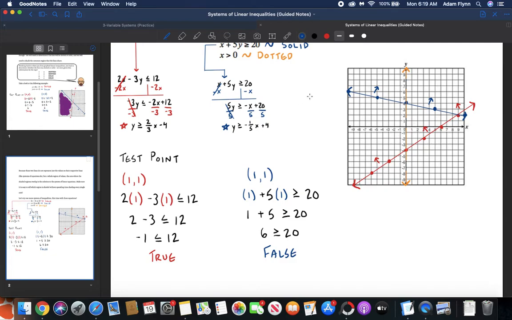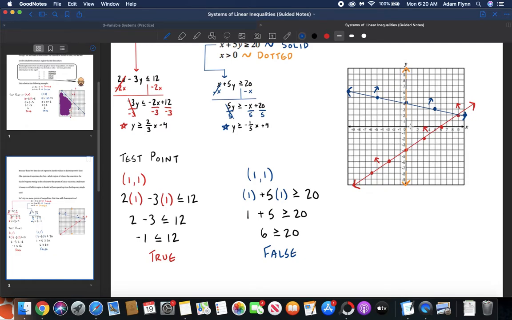Okay, so now let's take a look at our orange line. We've got x is greater than 0. Okay, so for x is greater than 0, we don't need to plug in a point. We don't necessarily need to plug in 1, 1. If we take a look at x is greater than 0, if we were to plug in 1 for x, 1 is greater than 0.